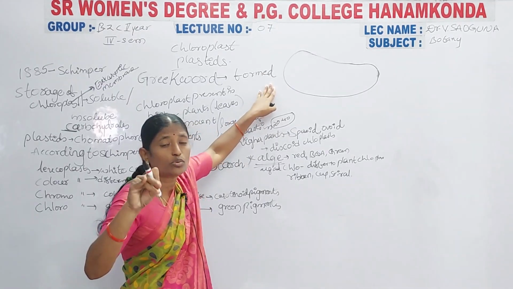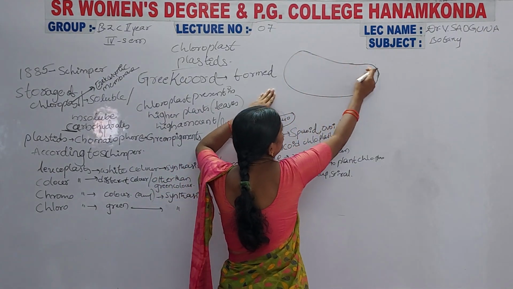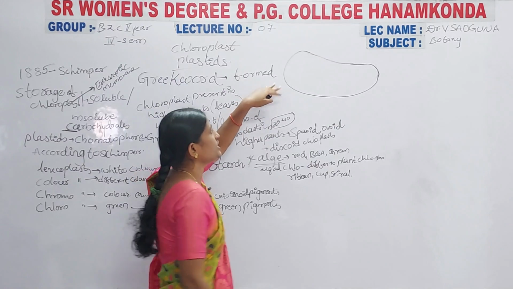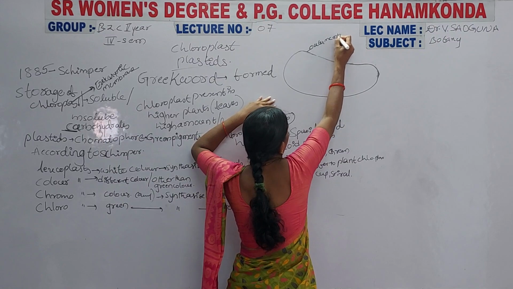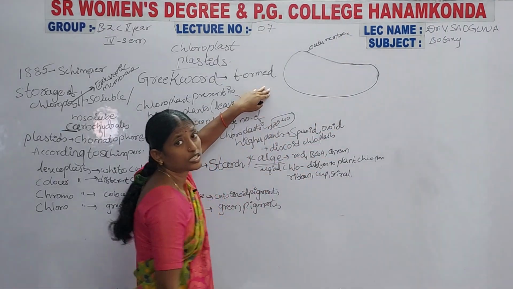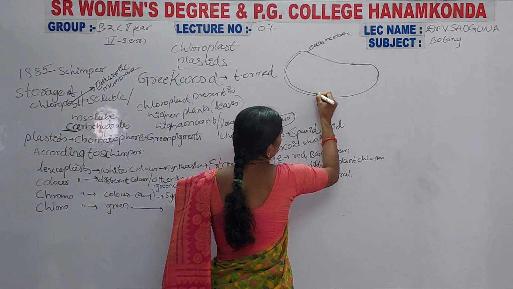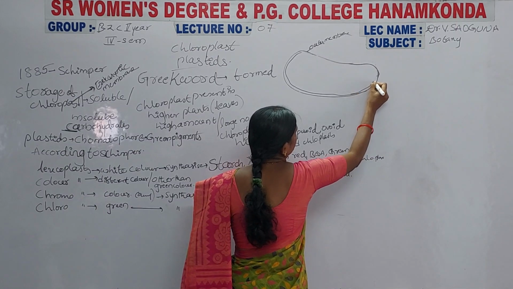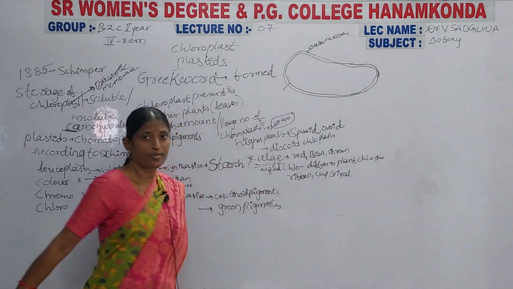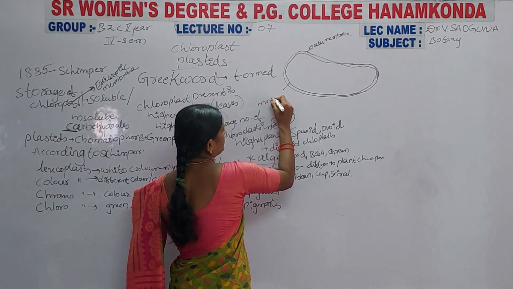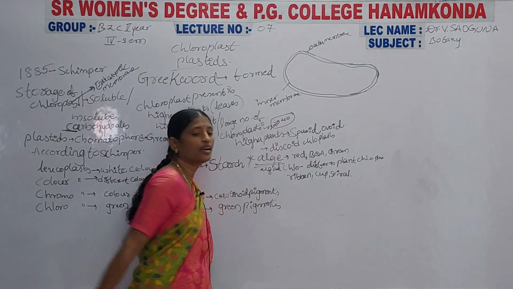It has two layers of smooth membrane. This one is the outer smooth membrane, and the other layer is the inner smooth membrane.